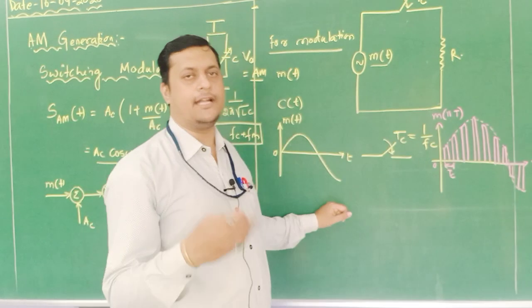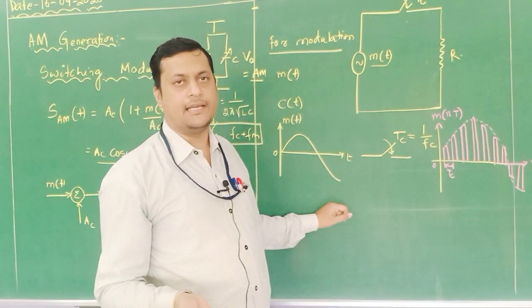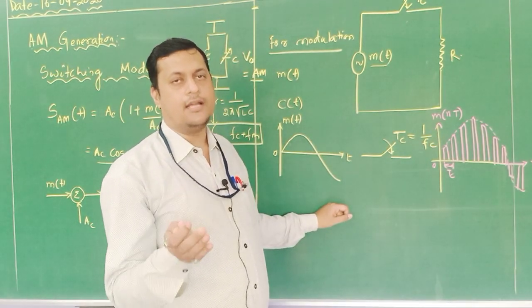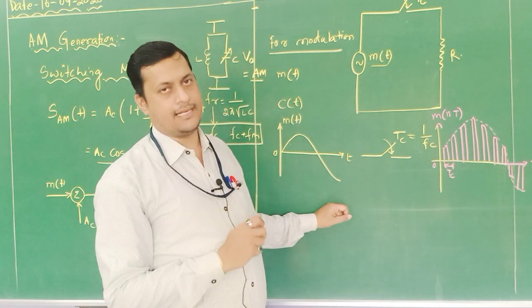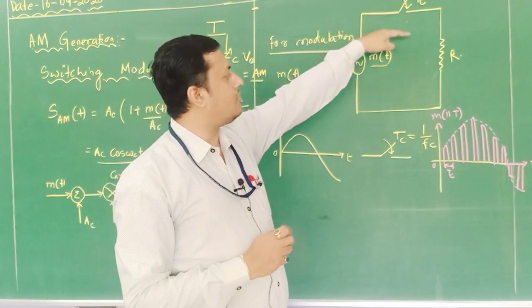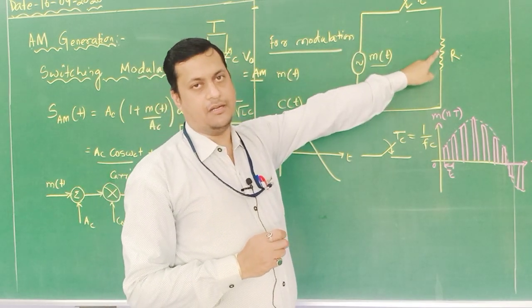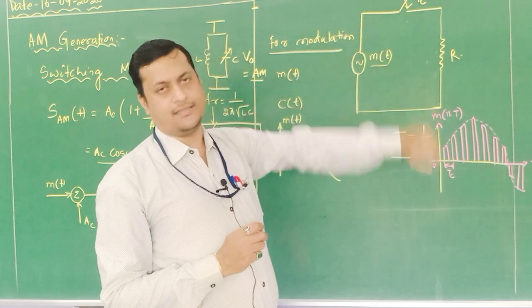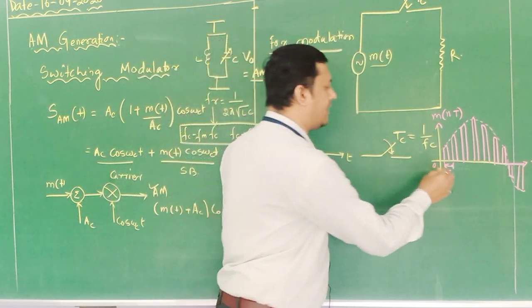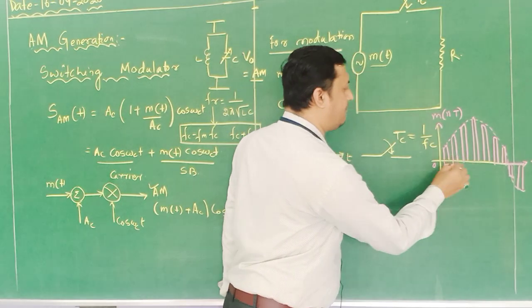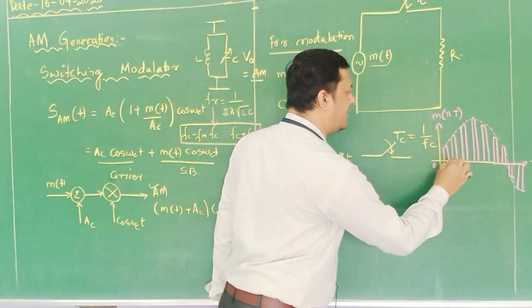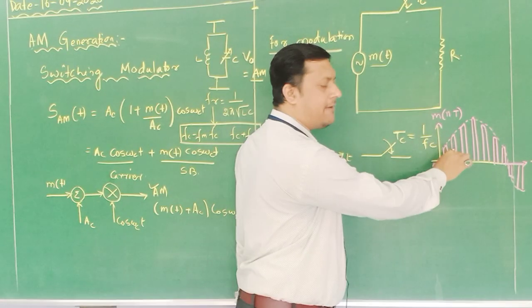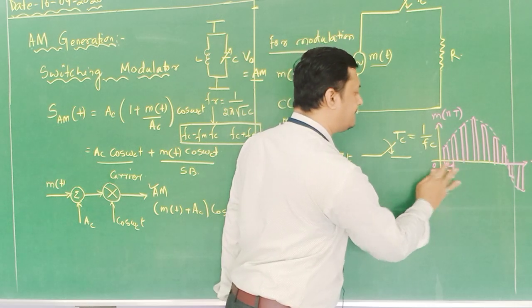So at a regular interval of time period Tc, the switch goes on and off for one complete cycle. When it is closed, the output is available. When it is off, the output is not available. So here you can see, for the on time period it is Tc, and for the off time period it is Tc.